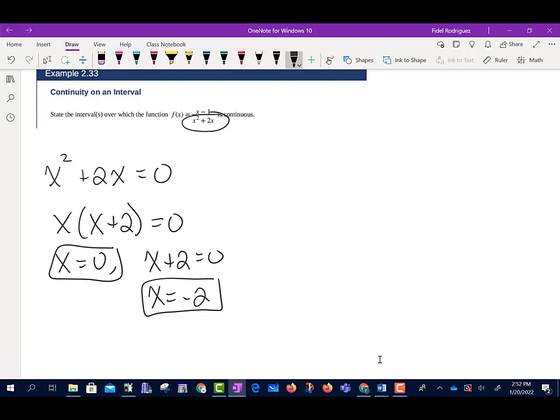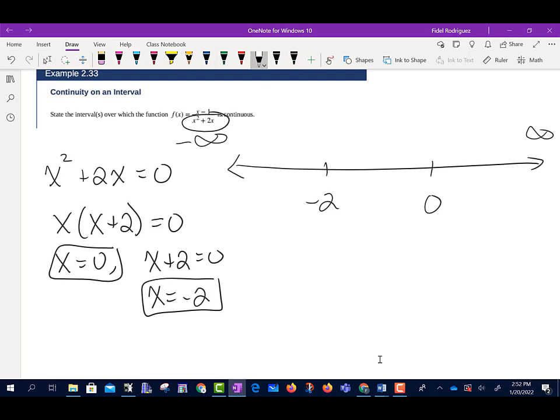Okay, so I'm going to draw my number line here. The two numbers I'm really interested in are negative 2 and 0. Remember, in terms of my number line, over here to the left is negative infinity, and over here to the right is positive infinity. I'm going to make a little circle right here and a little circle right here, because I can't use those values.